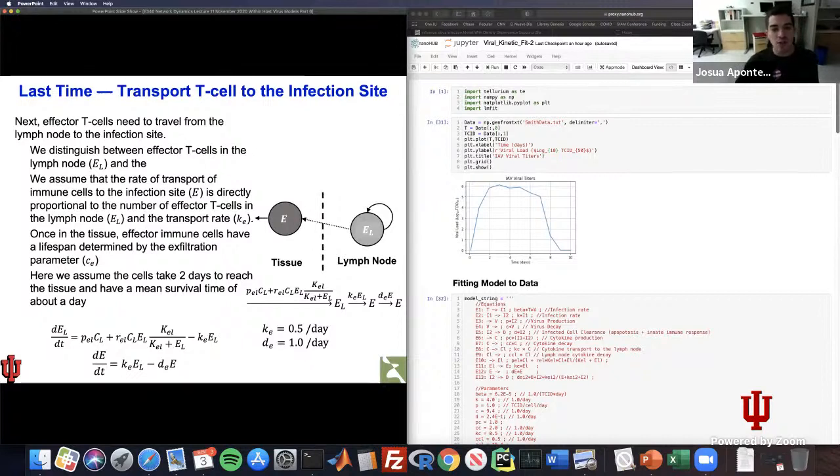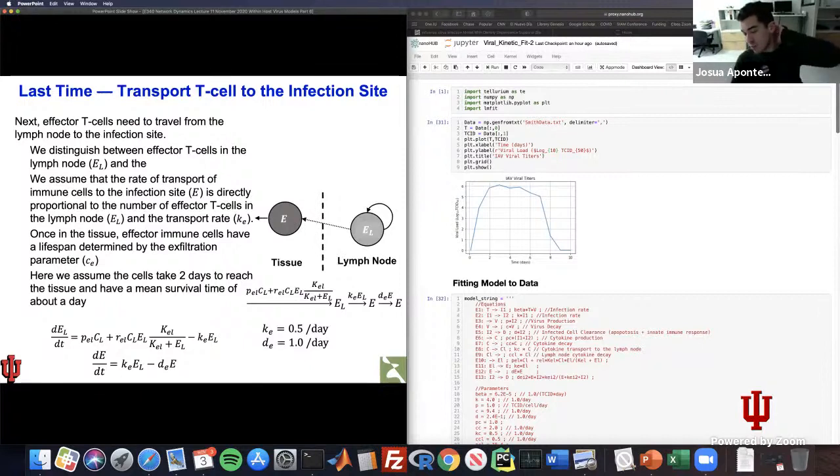And then we also assume that once these cells reach the tissue, they spend about a day in the tissue before dying. So they have an effective lifespan of a day once they're in the tissue. There are complicated reasons why that might be the case.